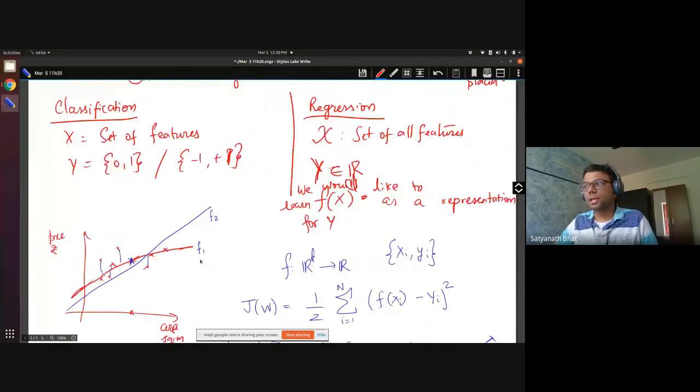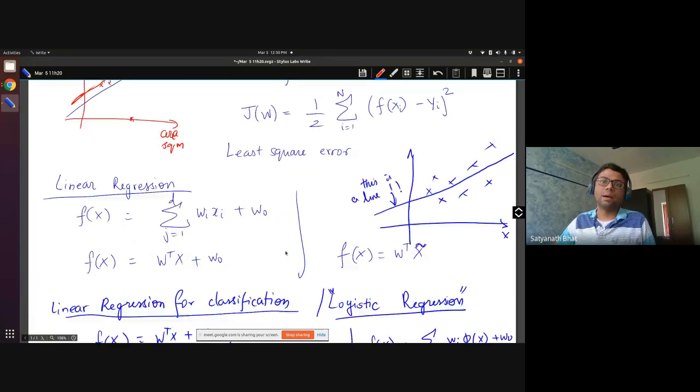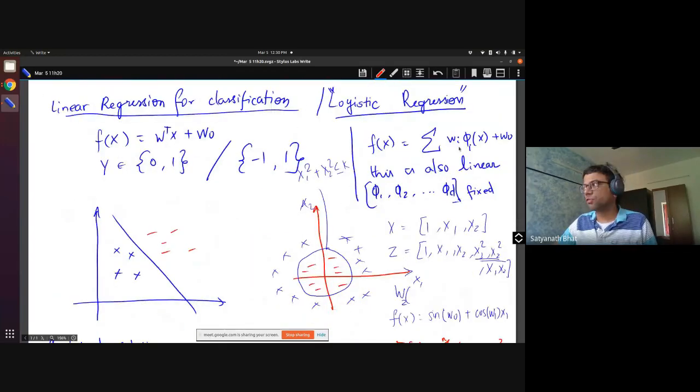And then we looked at the first regression case. You can use this problem for learning a function, which is regression, or even for classification. The cost function is going to be a least square error. You're trying to minimize the least squares error, and that function we will call the best fit. Amongst all choices of functions, we first restricted ourselves to a linear function, which of course includes your own features which you may create.